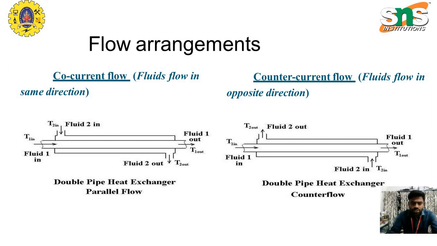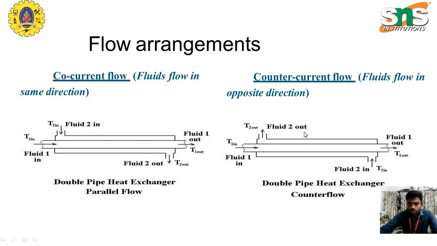The next one is the counter current flow heat exchanger, in which the fluids enter in opposite directions and likewise exit in opposite directions. So here the fluids flow in the opposite direction. See here, on the left side, we have the fluid 1 inlet and the fluid 2 outlet.